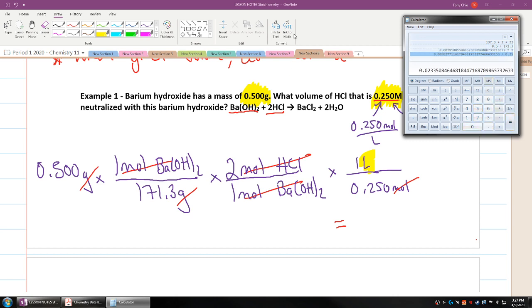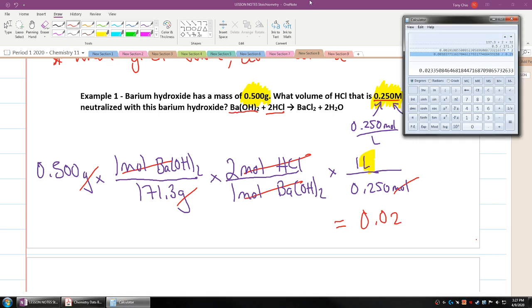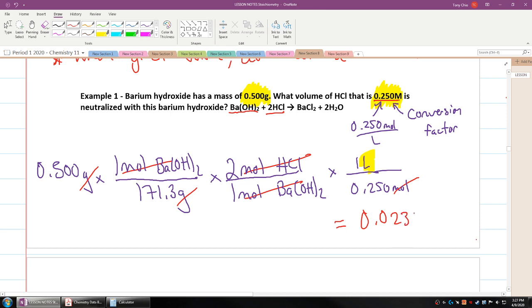And I get 0.0234 liters. And if I were to write this in milliliters, it will be 23.4 milliliters. Either of these answers will give you the correct value.